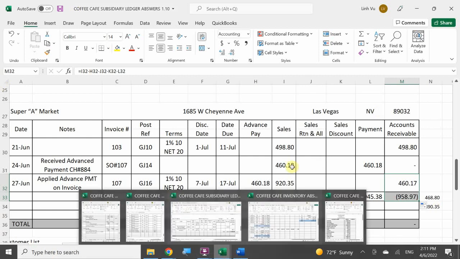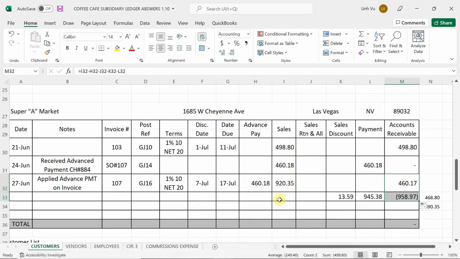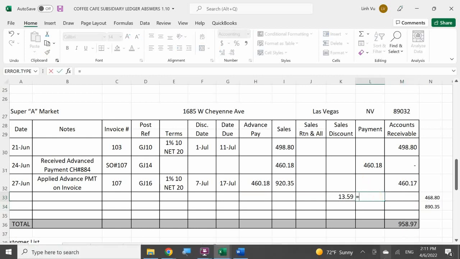Wait, can you go back? I didn't see the equation for the payment, the 945.38. I just took the account balance of $958.97 minus the $13.59, which should give you your 945.38.